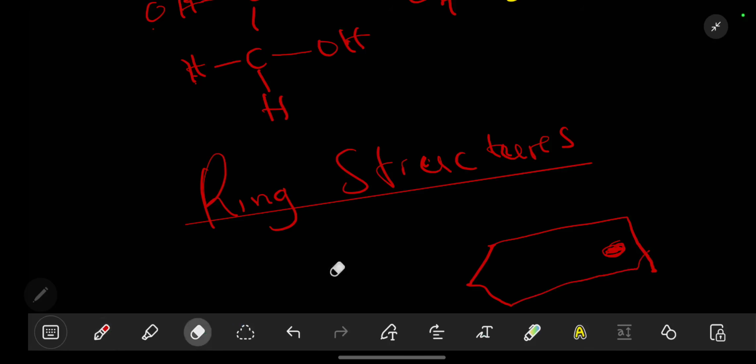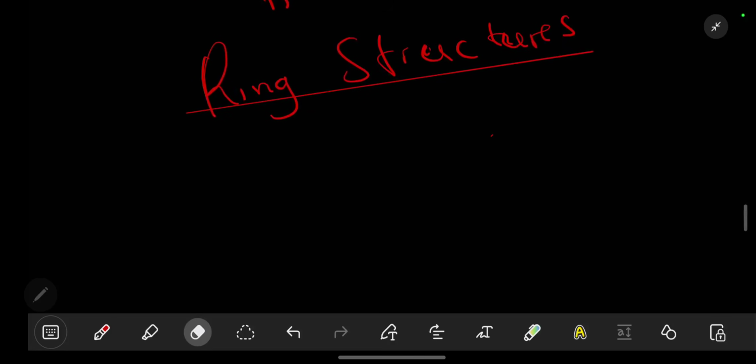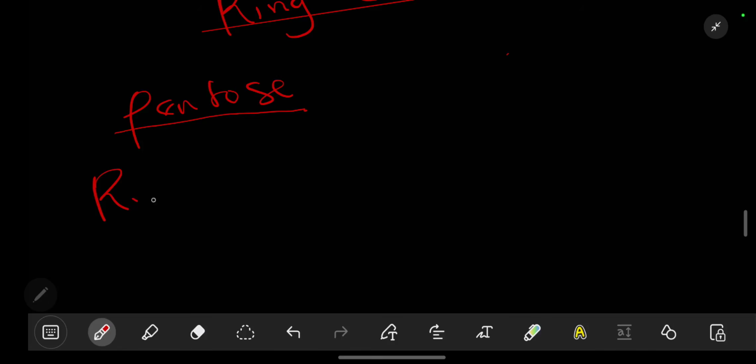So now let's draw certain structures. Let's look at what we are going to call pentose. Pentoses are 5 carbon sugars. The 5 carbon sugars that we might have are ribose, which is a part of RNA.